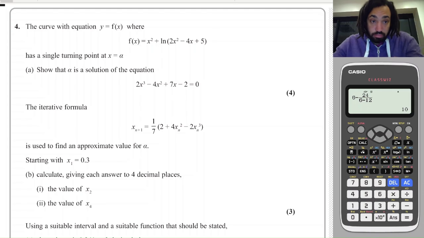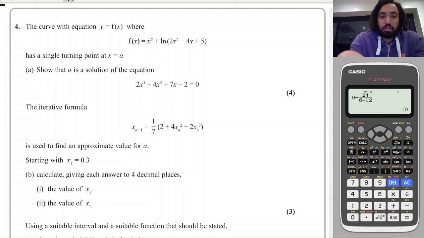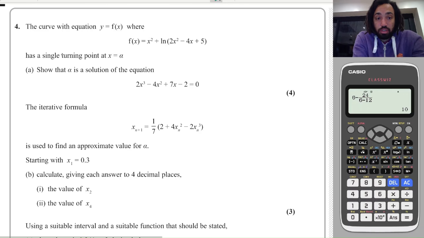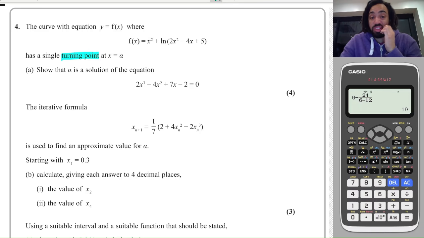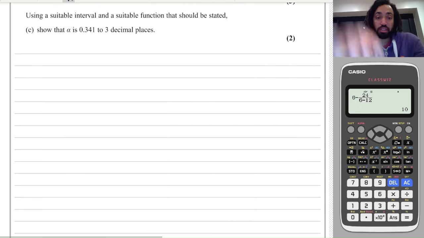Okay, question number 4. Essentially what we need to do is differentiate this, because as soon as you see the word turning point, you know you need to set the derivative equal to 0. So let's first off differentiate that.